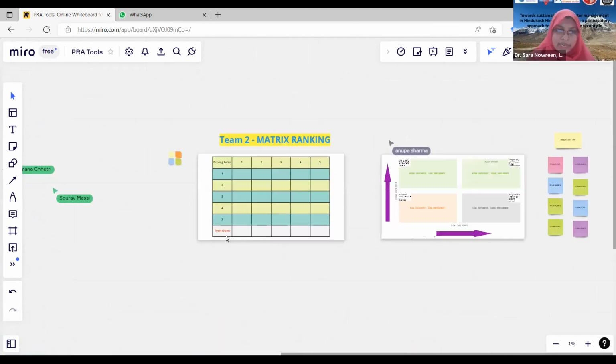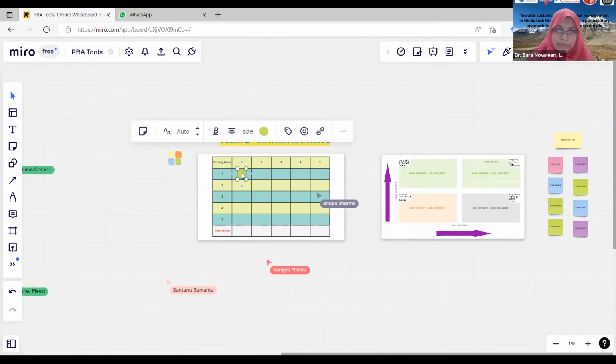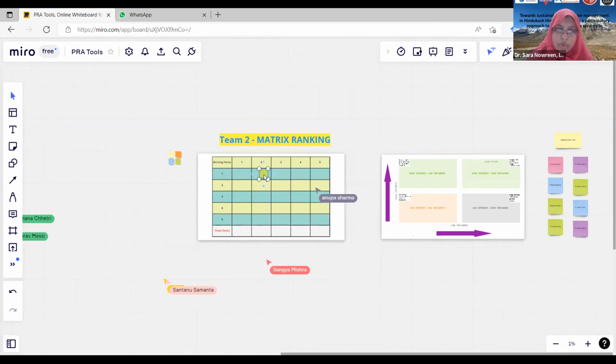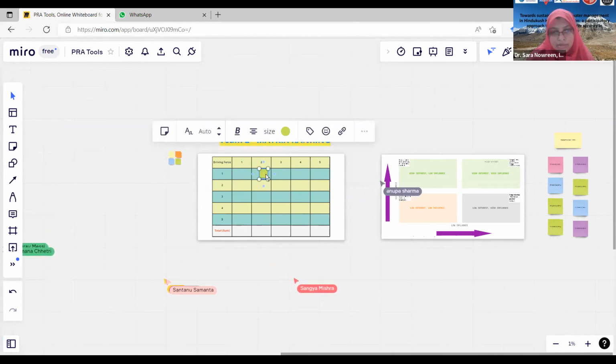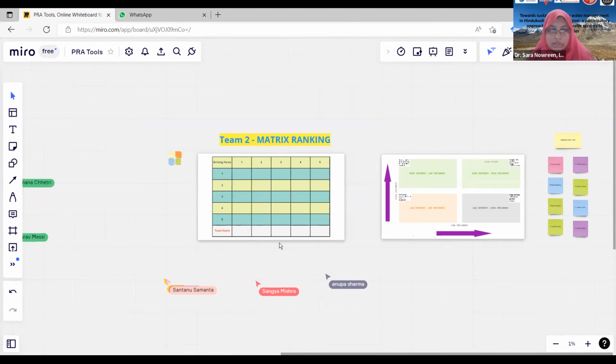Can anyone write down anything? You can use the sticky notes, bring them here, and write them down. What do you think, is it 1 or 2? I don't know about the drivers.